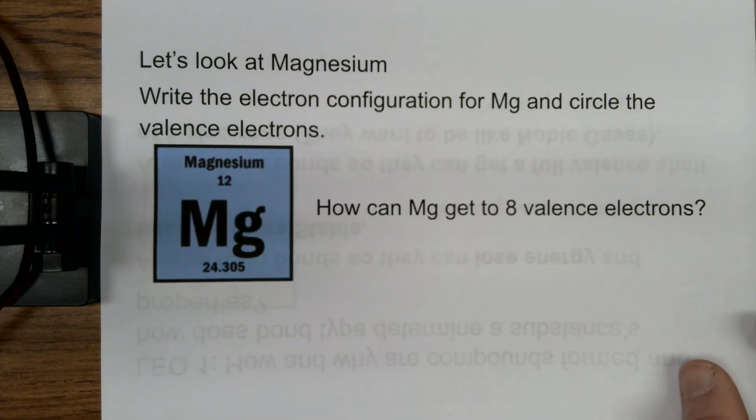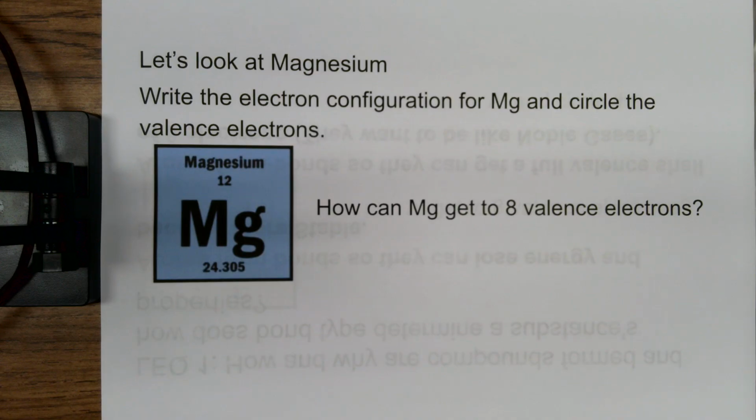So in your notes, we want to start first looking at magnesium. This should be a little bit more of a practice for you. I'd like for you to write down the electron configuration for magnesium, and I want you to circle the valence electrons.